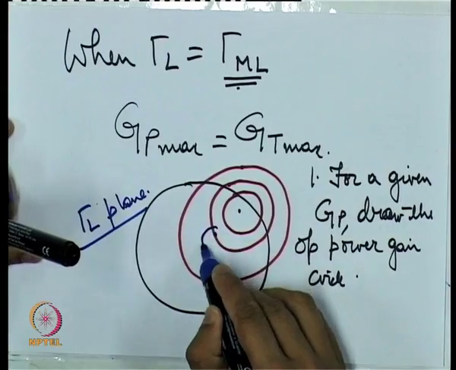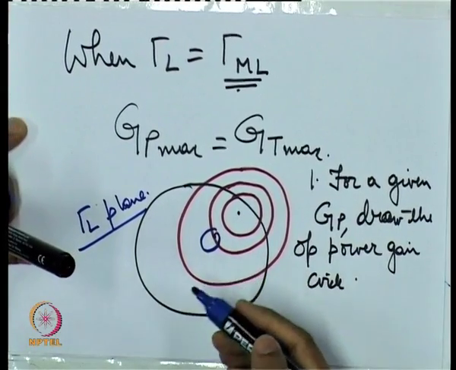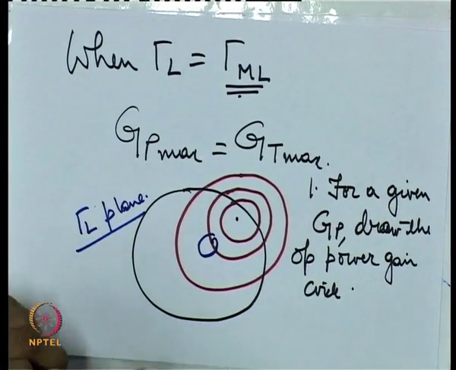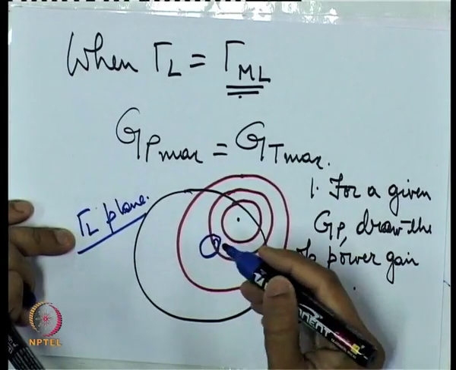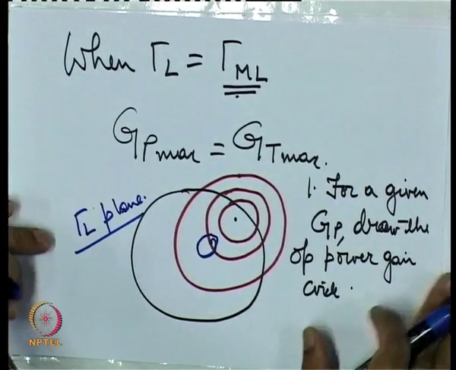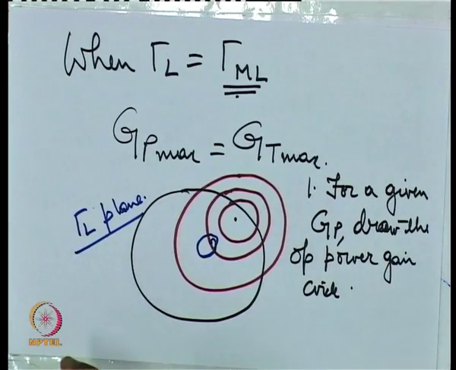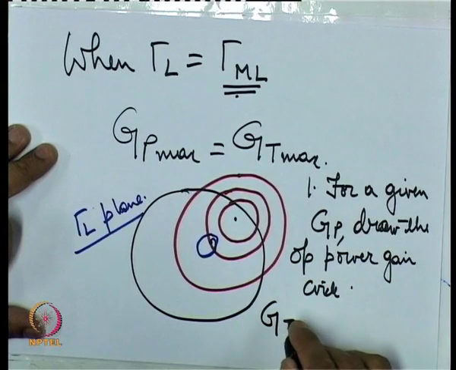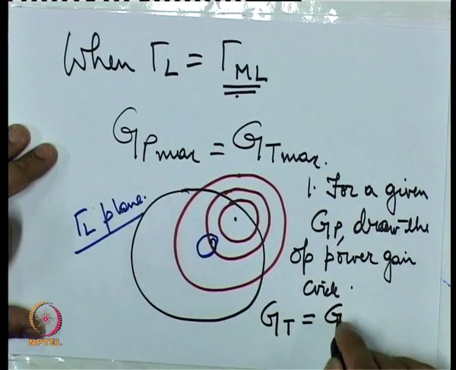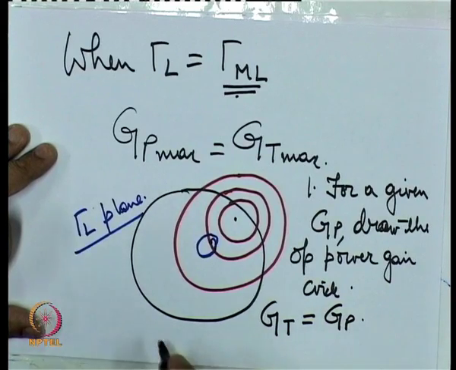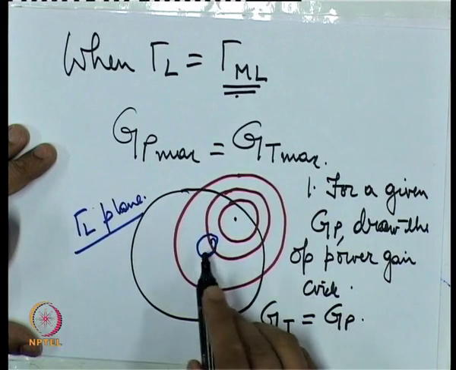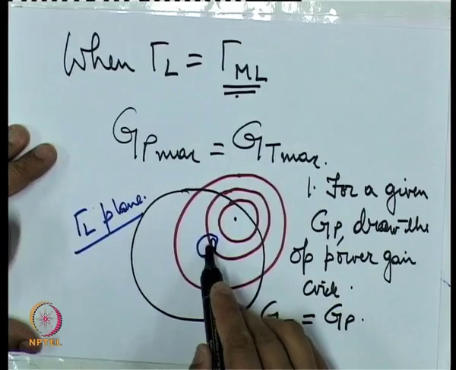So select a point gamma L, and that is the value of gamma L that you choose for your design. And if you want to make the transducer power gain equal to the operating power gain, that is for making Gt equal to Gp, so you choose the value of gamma L here. This is the value of gamma L.